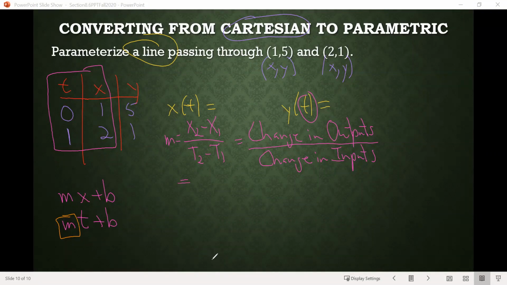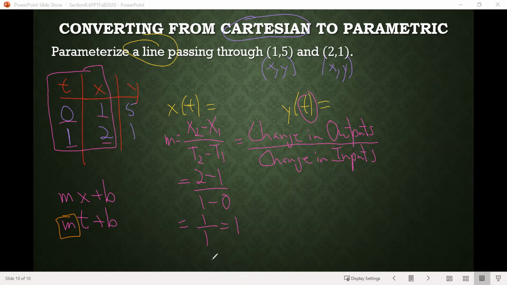So if we do that, I'm going to say that these are my x2 and t2 and my x1 and t1. So I plug those in. So I'll do 2 minus 1 on the top for the differences in the x's over 1 minus 0 for the differences in the t's. If we do that, 2 minus 1 gives us 1 over 1 minus 0 gives us 1. 1 over 1 gives us a 1.